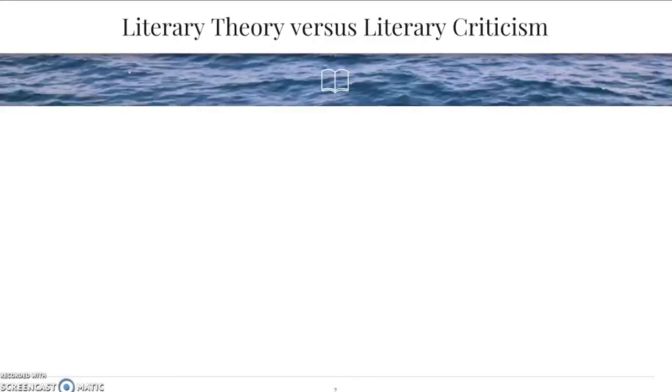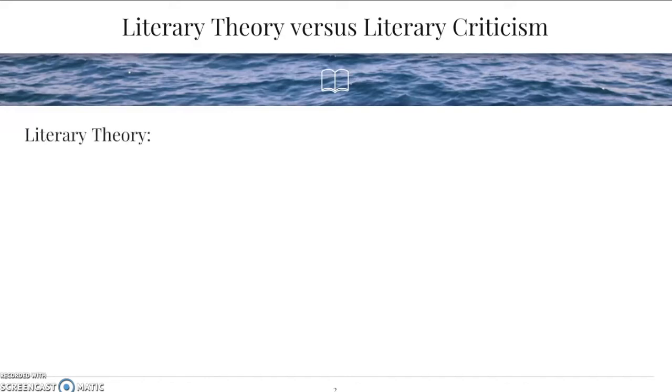When we talk about literary criticism, we need to establish some terms, and those main terms are literary theory versus literary criticism. So what is the difference between these two terms? They're very closely related to one another, but it's important that we recognize the difference.